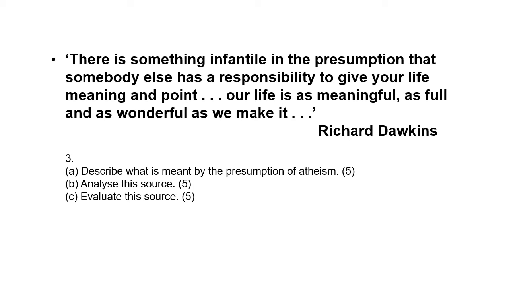So describe what is meant by the presumption of atheism. And remember what was said here, remembering the key facts, the key relevant information, those things that you've learned, and recalling those. So you might want to talk about the burden of proof. You could bring in something about agnosticism. You could talk about positive or strong atheism and describe what it is.